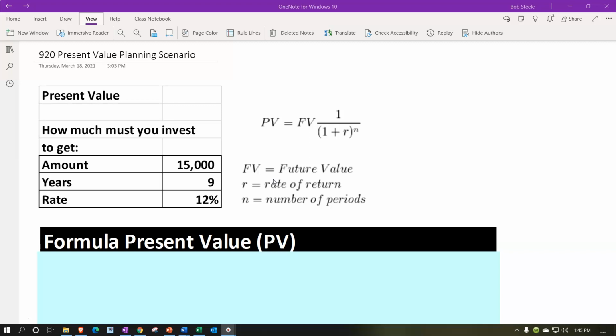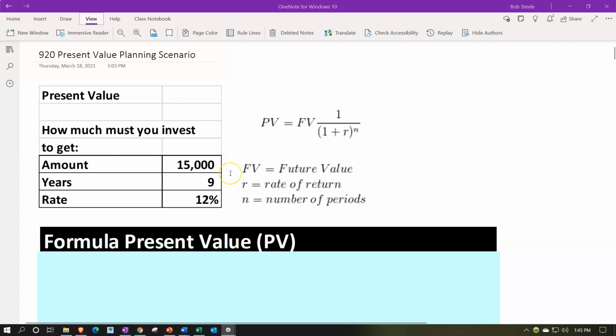It would be faster to say, okay, if my goal is to get to $15,000 in 9 years, then I want to take that $15,000 and present value it, bring it back to the current period, and that's how much I would have to put in today in one lump sum for it to grow to the future value. So those two calculations are related, of course: present value and future value. So that's how we'll be pulling this back.